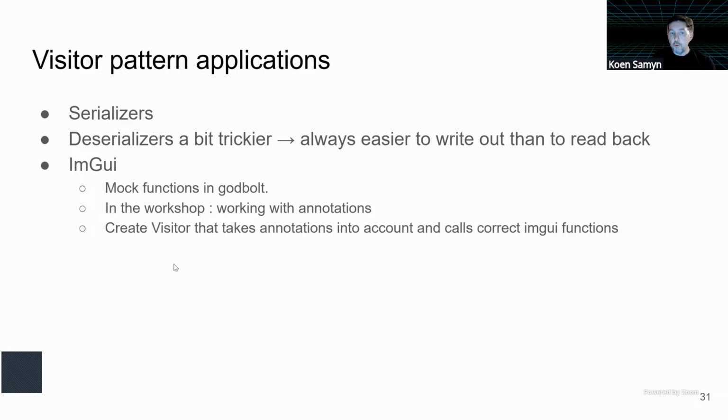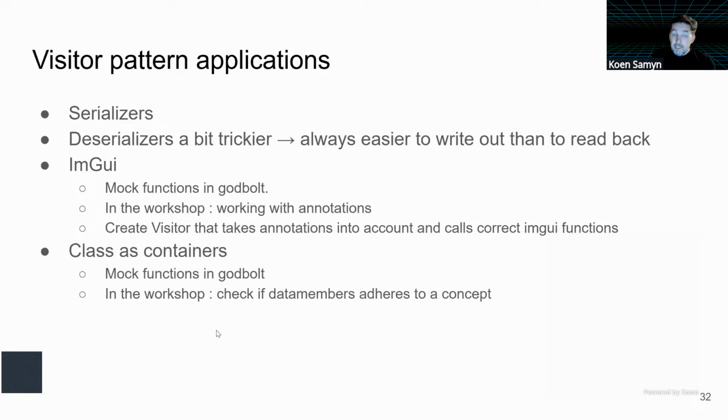I will also show you there's even a nice GitHub example already of one person that already made a reflection library to automatically bind stuff in ImGUI. And we'll create a visitor. So that's the main thing. If you have a visitor kind of pattern with reflection, the sky's the limit of what you can do with it.